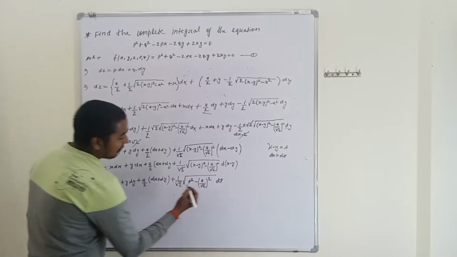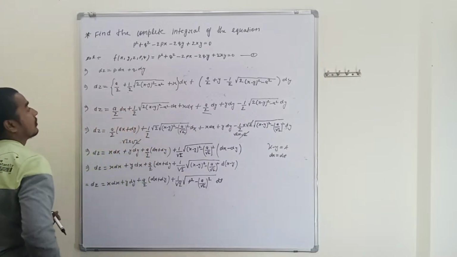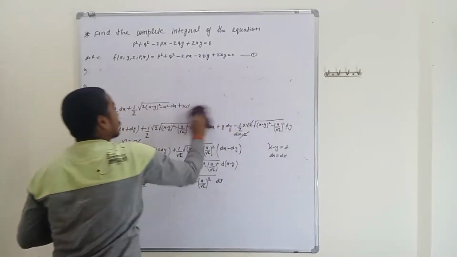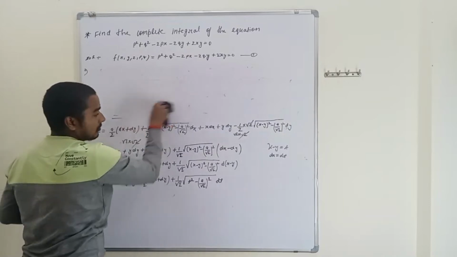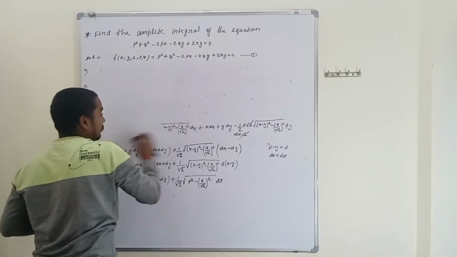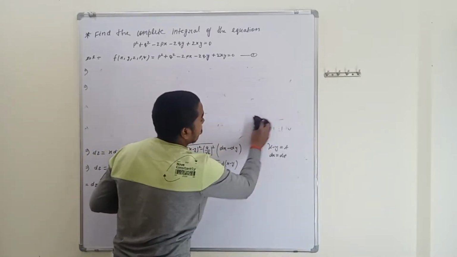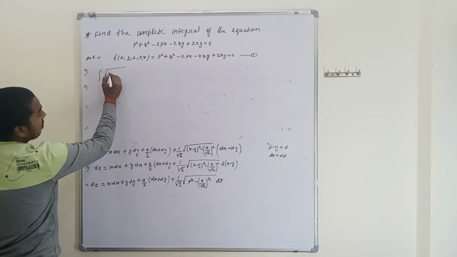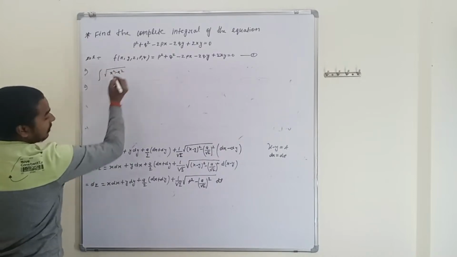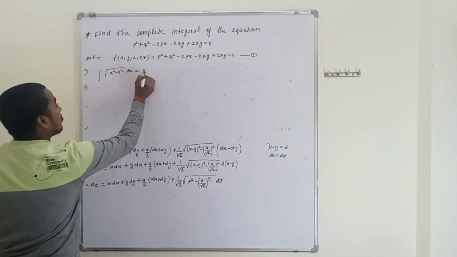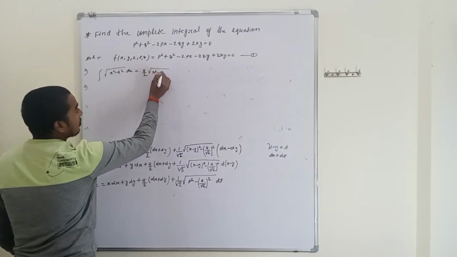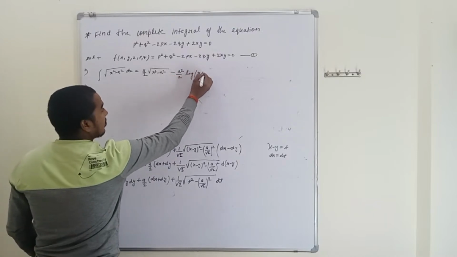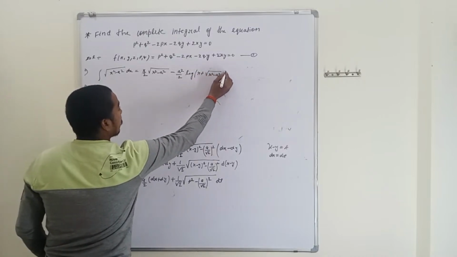We should know the following formula: integration of under root of x square minus a square dx is equal to x by 2 under root of x square minus a square minus a square by 2 log of x plus under root of x square minus a square plus c.